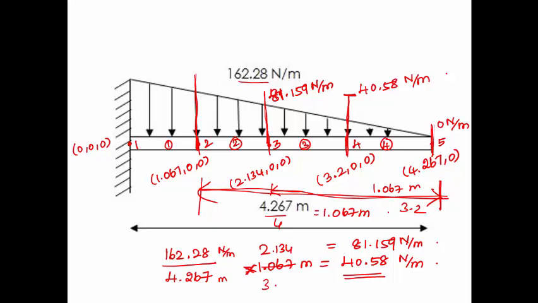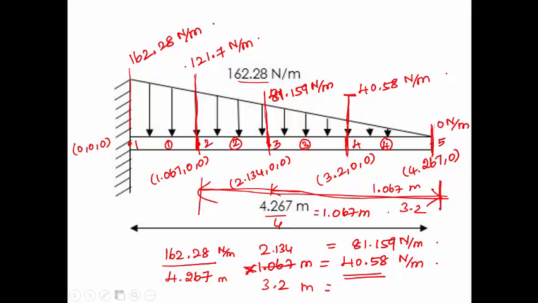So here if we calculate for 3.2 meter, the variation will be 121.7 Newton per meter. So it is varying uniformly. Okay. Then for the whole length, the value has already been mentioned in the problem, 162.28 Newton per meter. With the aid of nodes and elements, we can model this entire structural problem in the ANSYS APDL page.